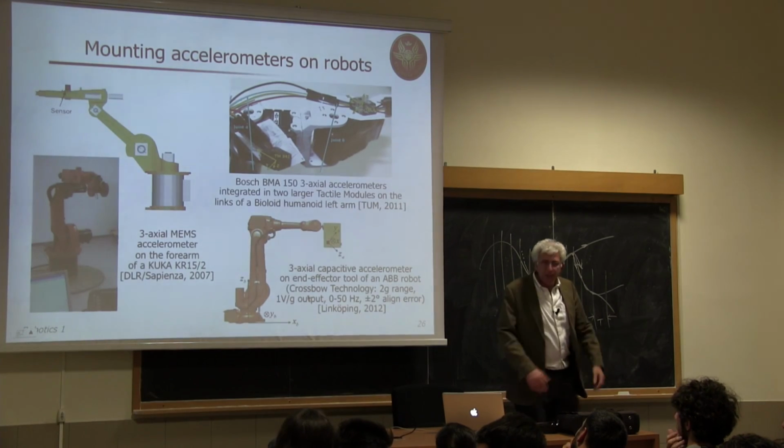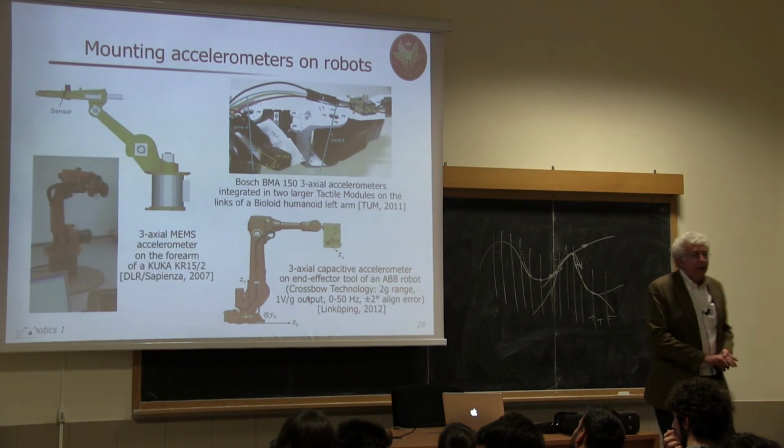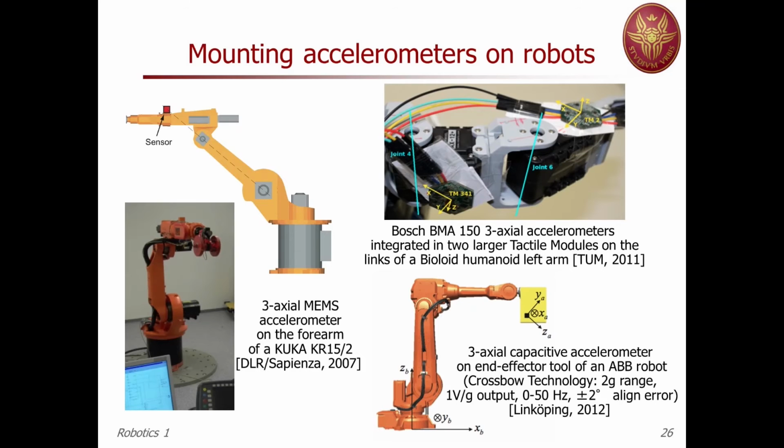No matter which accelerometer you're using, how do you use it when you're talking about robots? So, for instance, this is an industrial KUKA arm. It's a medium size, 6 degrees of freedom with offset. And here on top, this box is the sensor that was mounted at DLR.